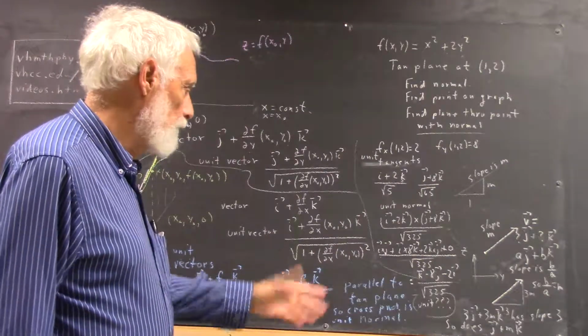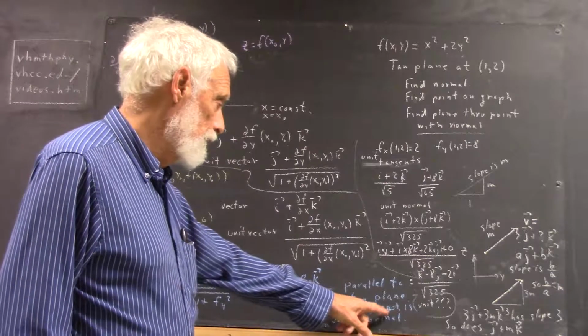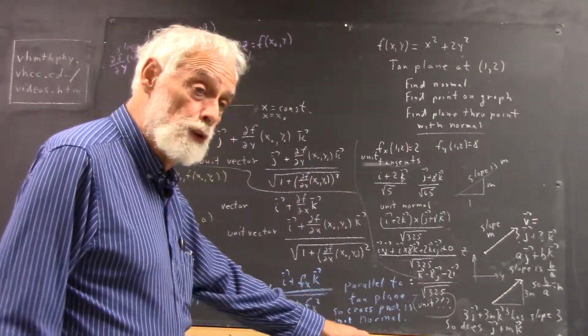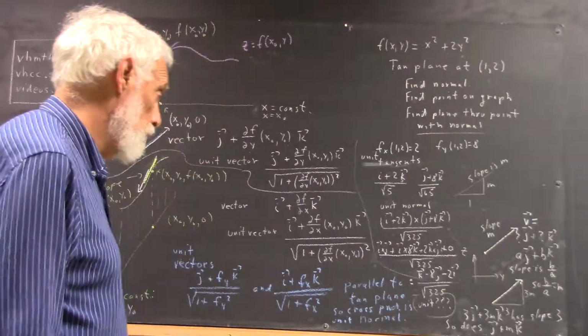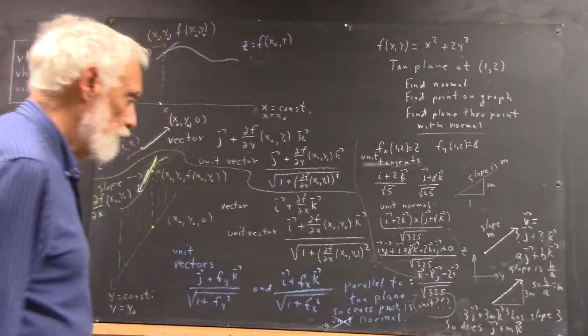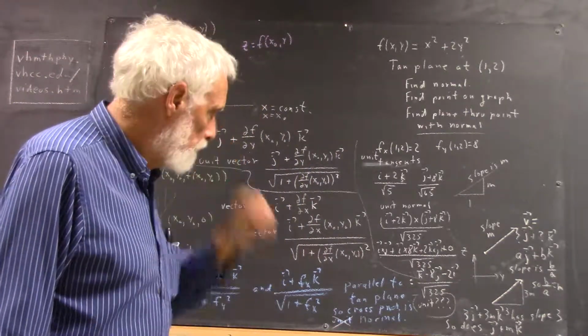Both of these vectors are parallel to the tangent plane, so the cross product is the unit normal, and that's wrong. It really isn't a unit normal, so there's no point in making these unit vectors.